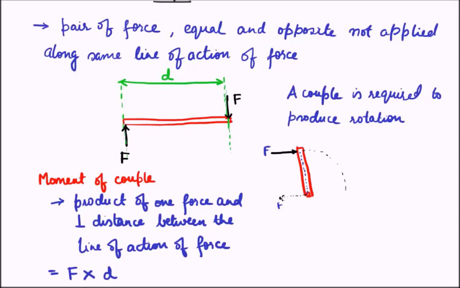A couple of points worth mentioning here. The first point is we need to assign the direction of the moment of couple. For this example we saw here, the magnitude is F into D, but the direction is: this force leads to this direction and this force leads to this direction.